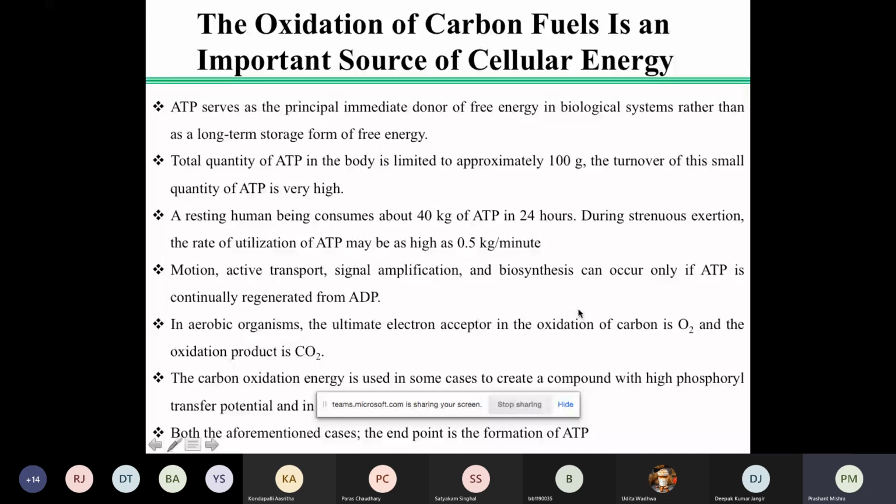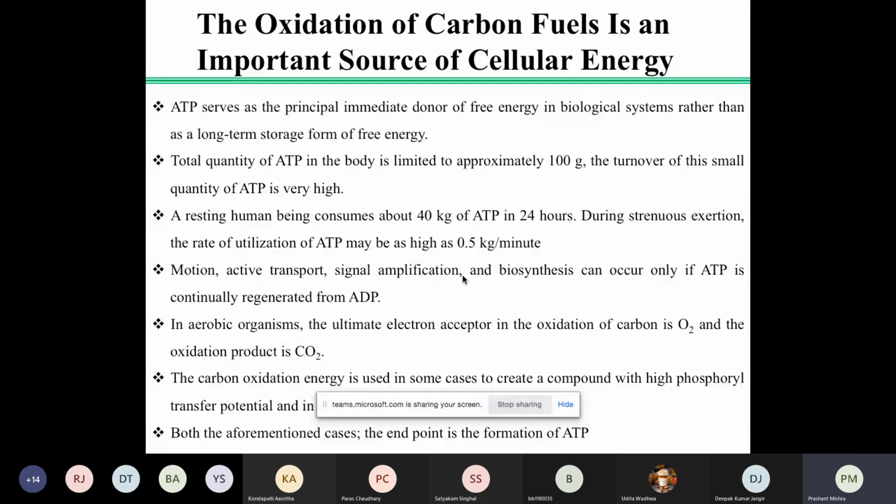And slowly you will learn that during the process of electron transport, the electrons are moved to molecular oxygen, whereas the proton part is pumped out of the mitochondria, or for example from the bacterial cell, and during this process an ion gradient is created. This ion gradient is the electrochemical potential, which is responsible for the regeneration of the ATP molecule.